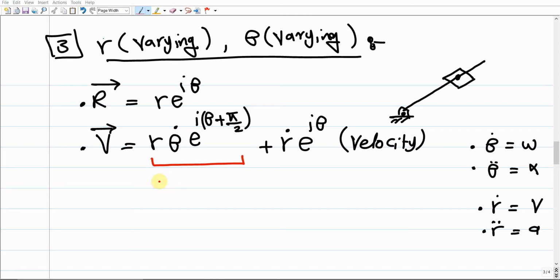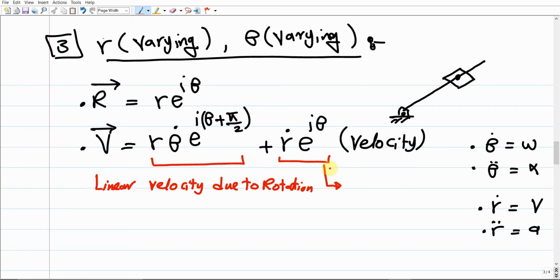So we're going to say that this velocity is a linear velocity due to rotation, and we're going to explain this one in more detail. But how about this other term? This is r dot.